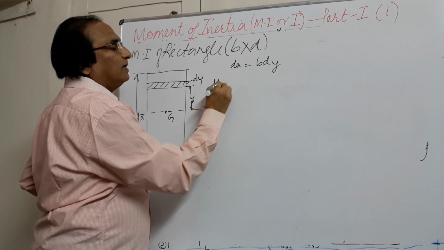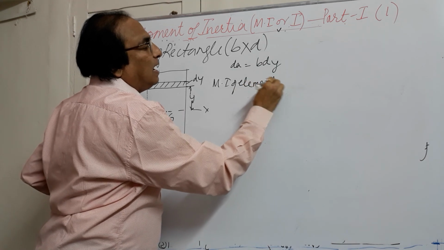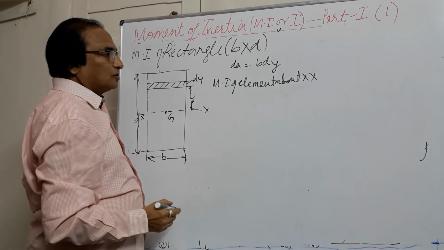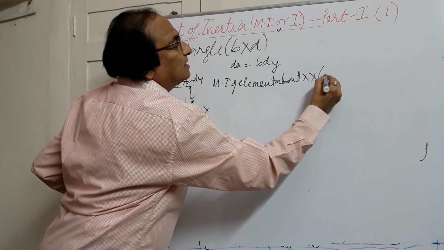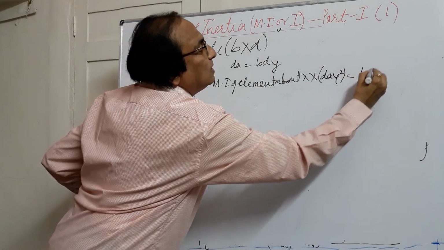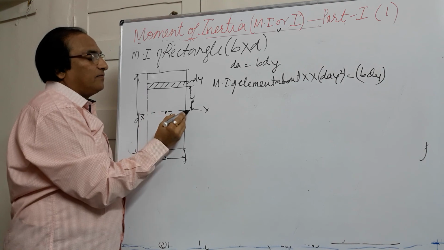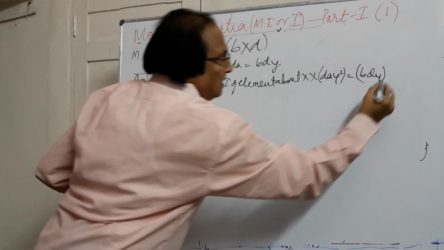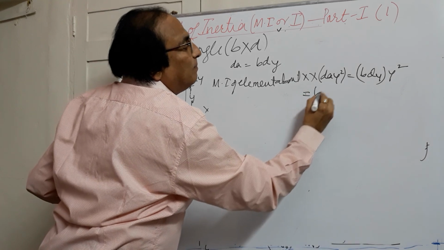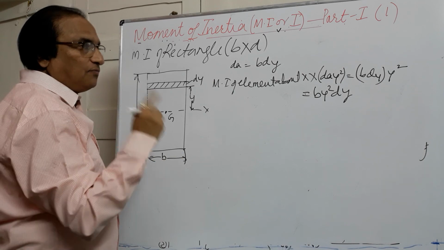Now moment of element about xx is nothing but dA into y square. Here B into dy is area, and the distance of the centroid of the element from xx is y, so this will be equal to b y squared into dy. So this is moment of inertia of one element.